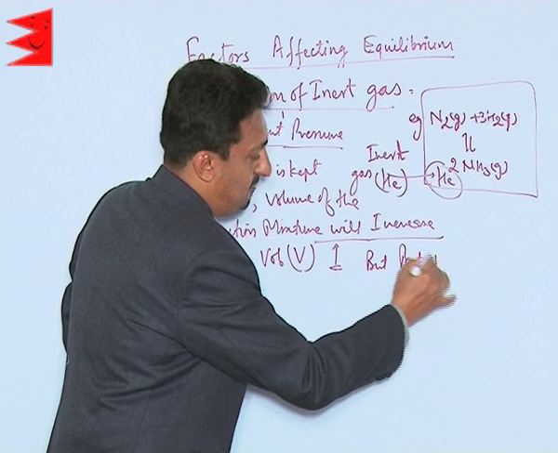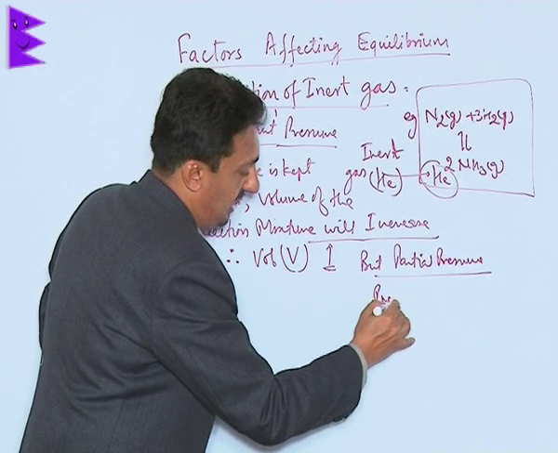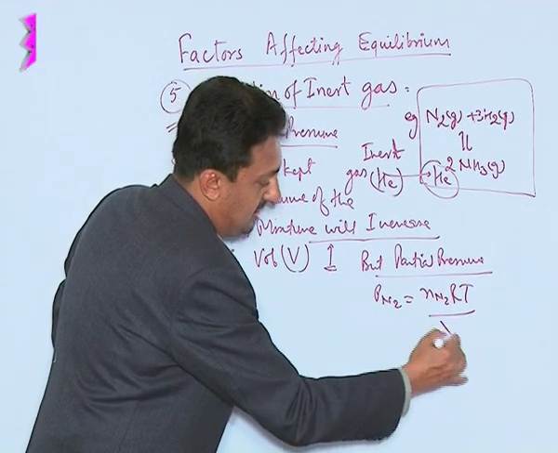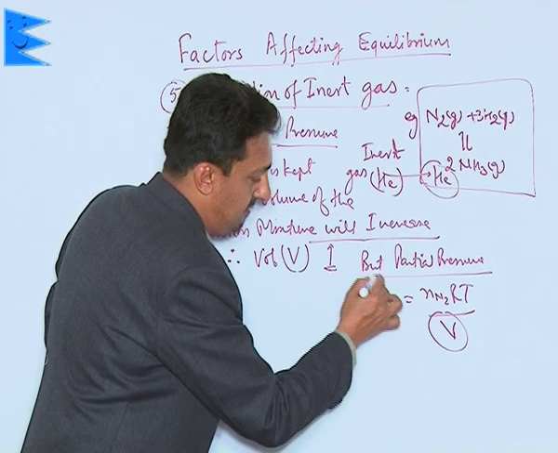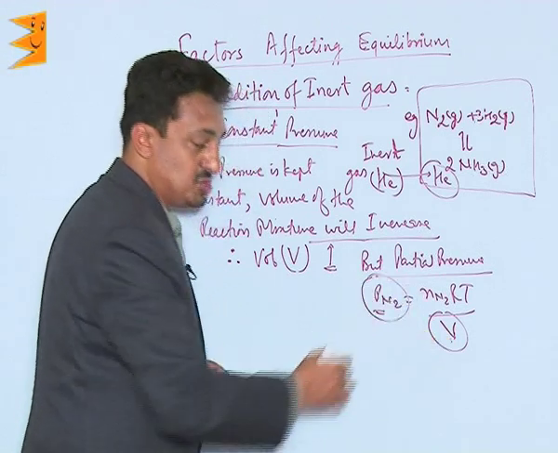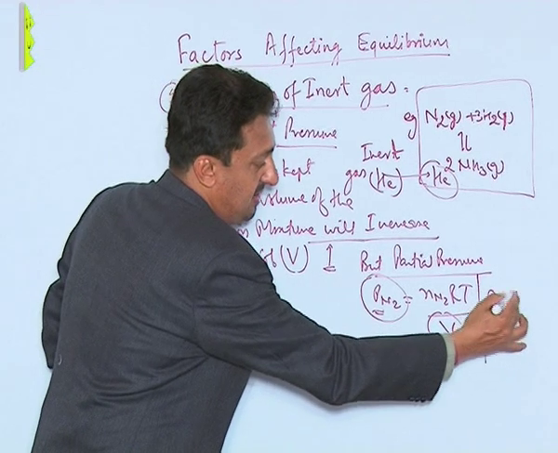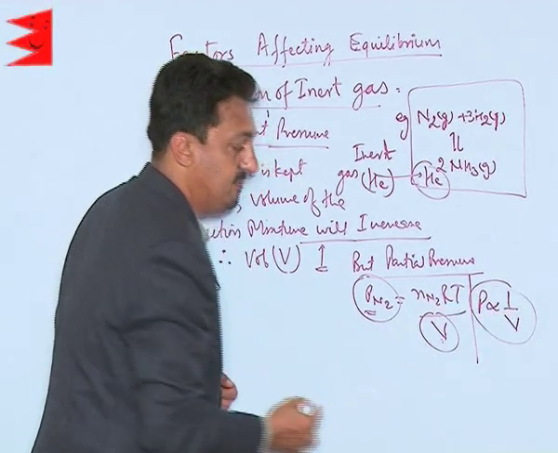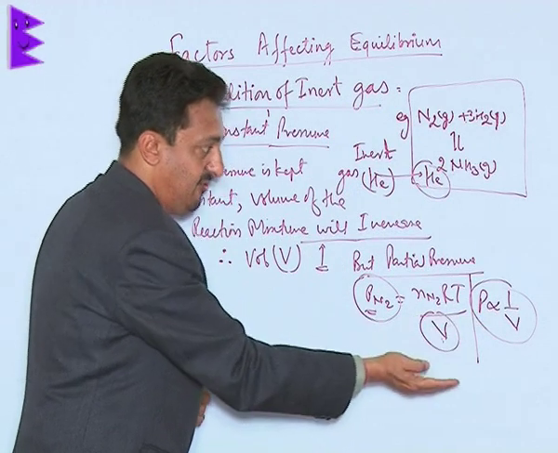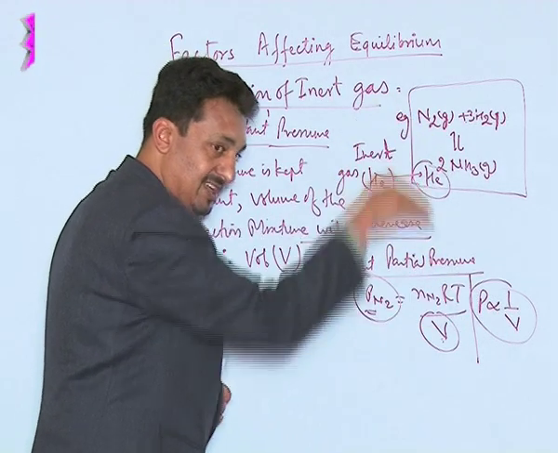Now we know the partial pressure of nitrogen, for example, will be number of moles of nitrogen times RT by V. So all the partial pressures of these gases are inversely proportional to the volume. It means that if the volume is increased, these partial pressures will decrease.